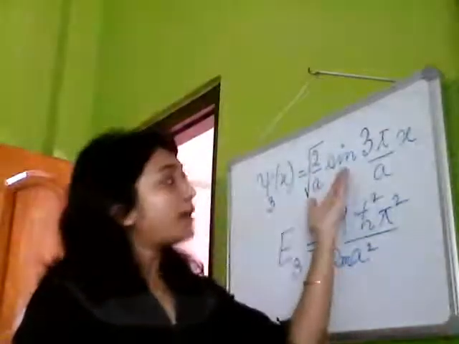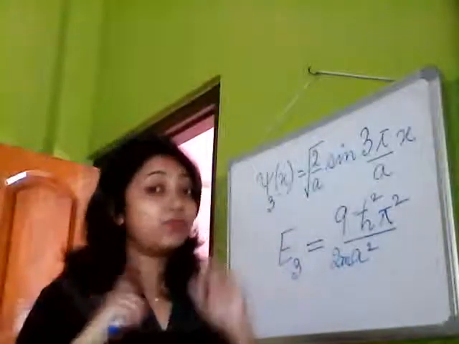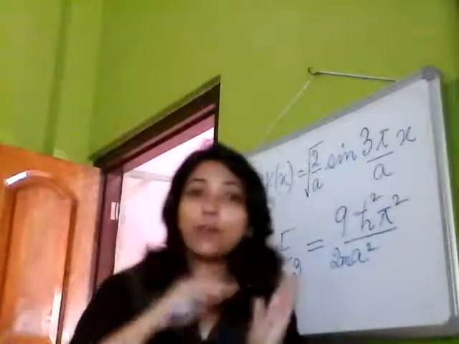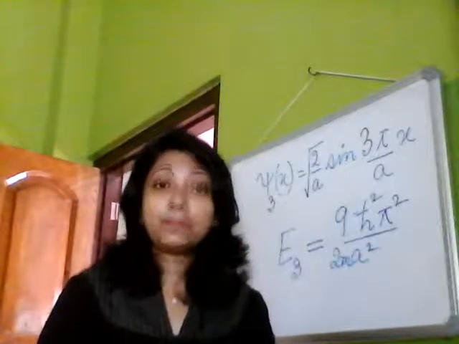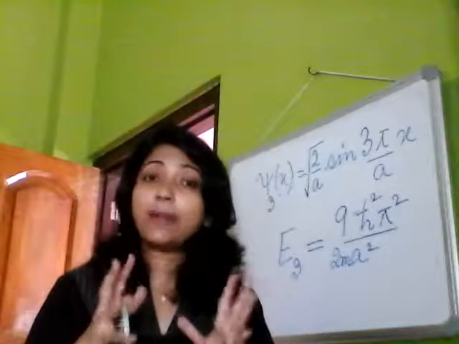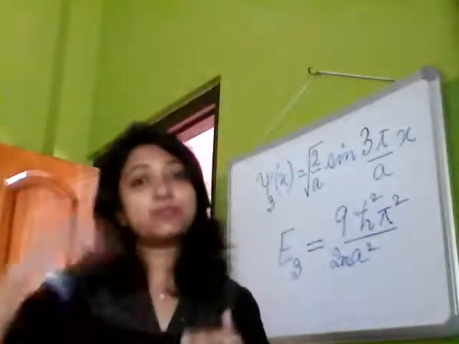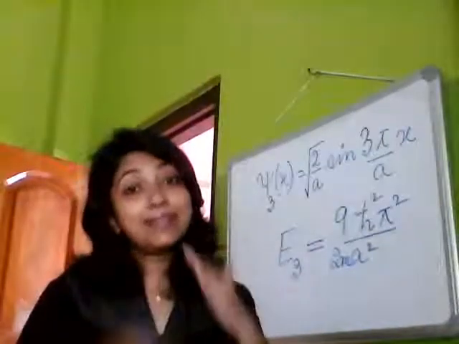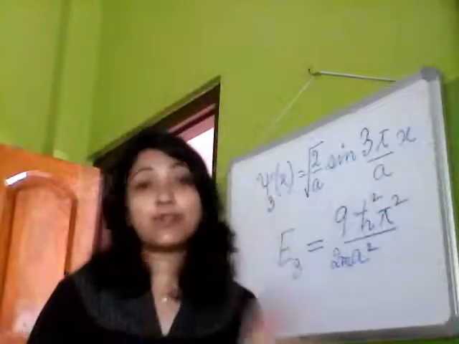The sine part will be the same. The function is having the same picture. However, its value is a little different from one another depending on the energy it possesses. Remember, I was discussing earlier as well that the wave function of a particle is not unique. It can change from system to system, as well as within a system it can change depending on the value of energy it is corresponding to.